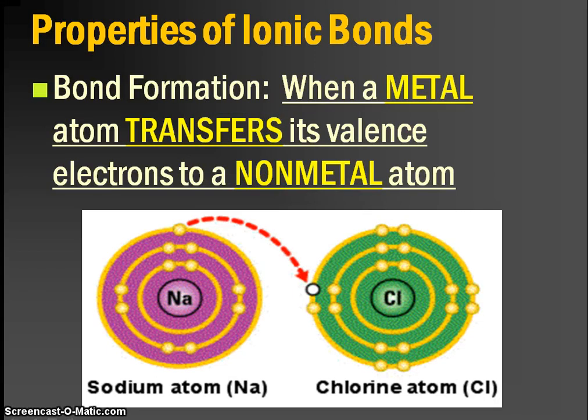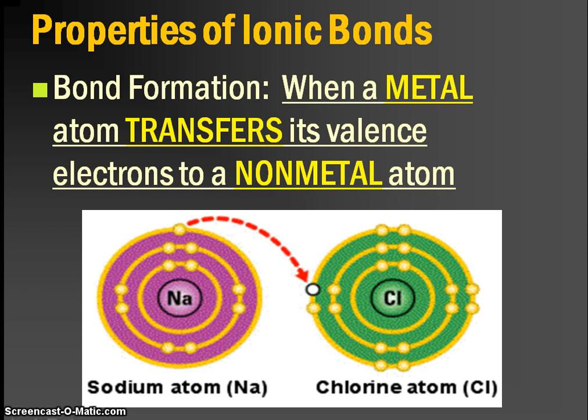The bond formation, we've seen lots of examples of this. The classic example is sodium and chlorine, the love story between those two. And what you see is sodium, or any metal, is going to give its valence electron or valence electrons to the chlorine atom, the nonmetal, any nonmetal, and just completely transfer those over, which makes sodium now positive, what we call a cation, and chlorine negative, which we call an anion.